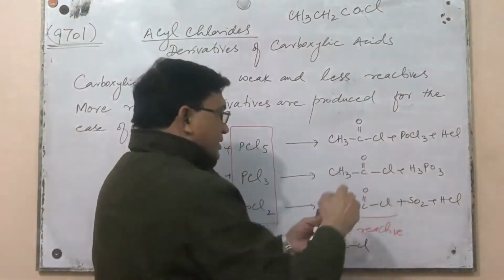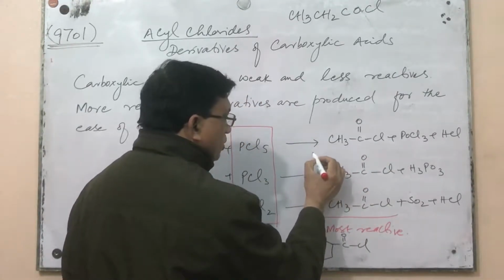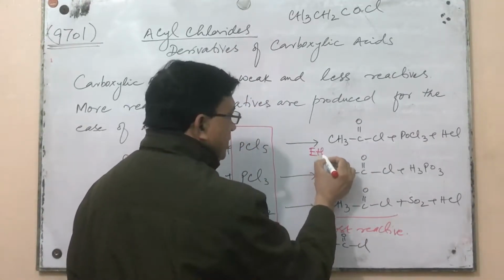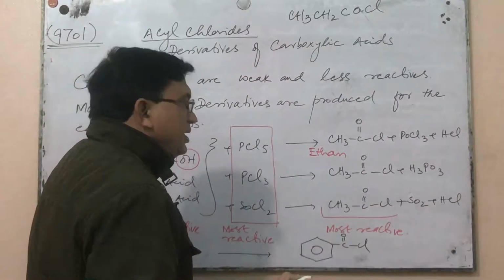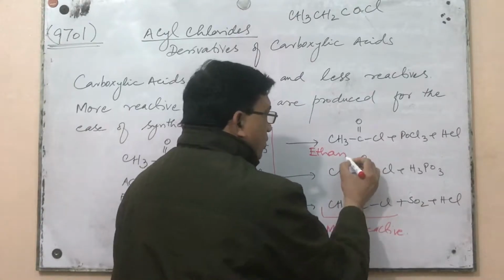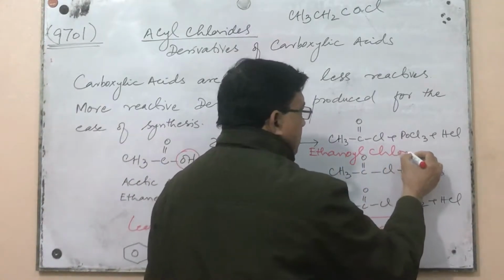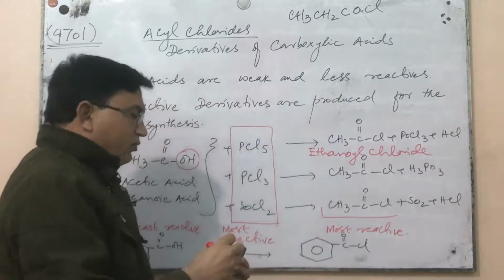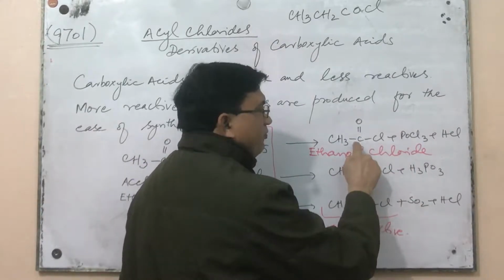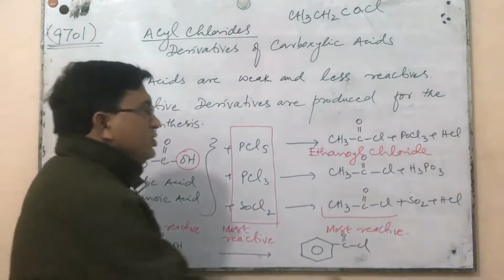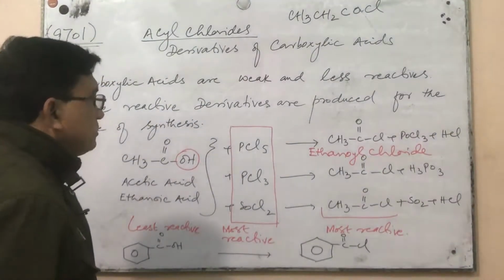We can name this: two carbon atoms are there, so this will be called ethane. Now, by removing E, we add oyl and chloride. This will be the name of this compound, ethanoyl chloride. This will form, and these two will be produced as a byproduct.